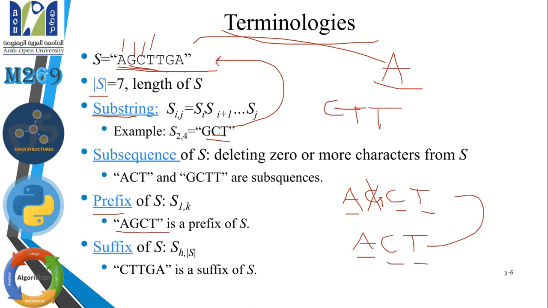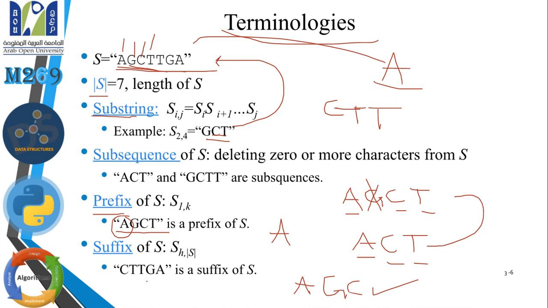Someone may say, no, I want the prefix to be AGC. Correct. Someone might say, I want to consider A as a prefix. Also correct. It is the first letter. But we cannot say GC is a prefix. It must include the first letter as a minimum.